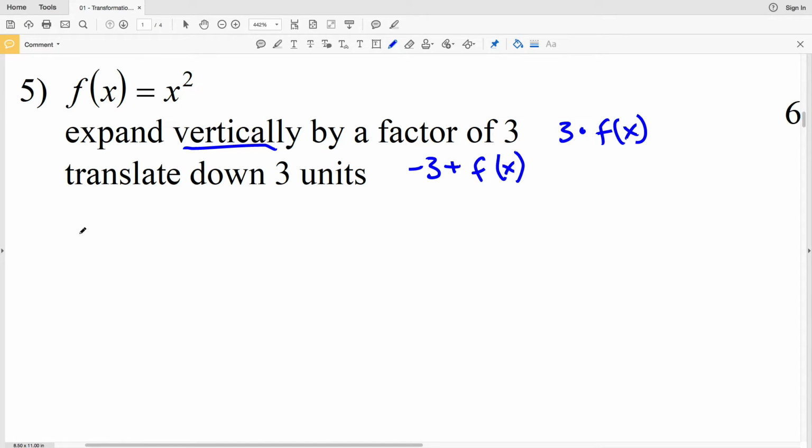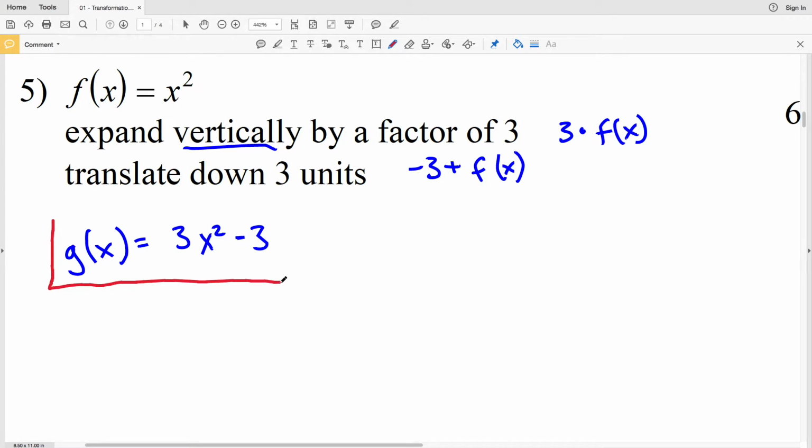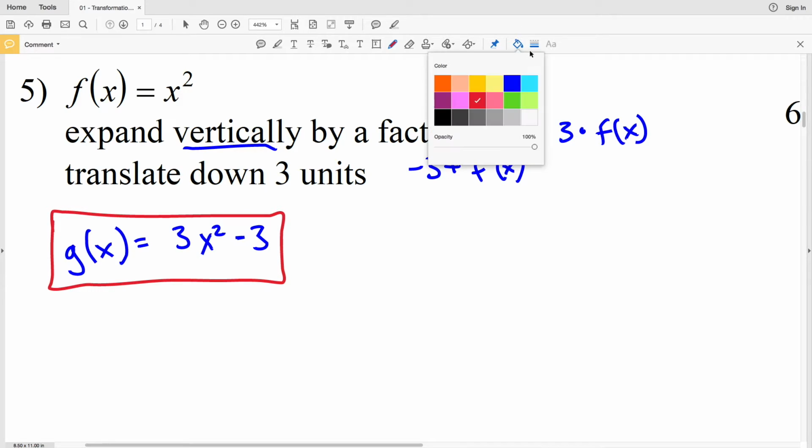So we'll start by multiplying by 3, so g of x will be equal to 3 times x squared, and then we'll subtract 3 from that to move it down. So g of x is equal to 3x squared minus 3 for number 5.